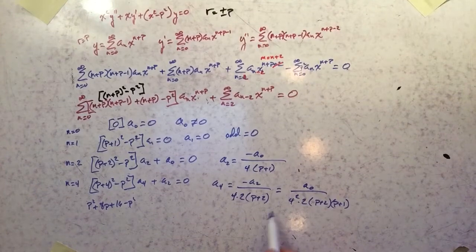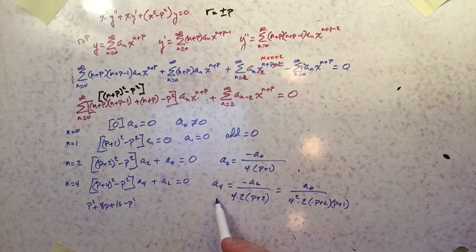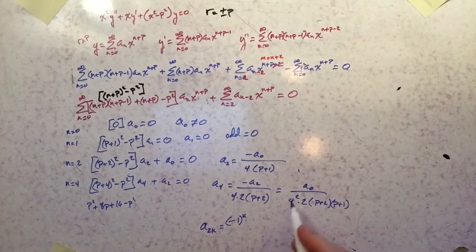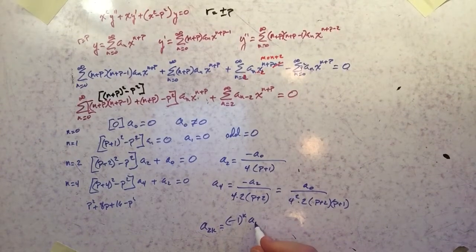Okay, I think I'm ready to write the recursive relationship then. And I'm going to do it in terms of 2k because all of these are even. So it looks to me like A2k is equal to negative 1 to the k, because we get the back and forth negative positive, times A naught.